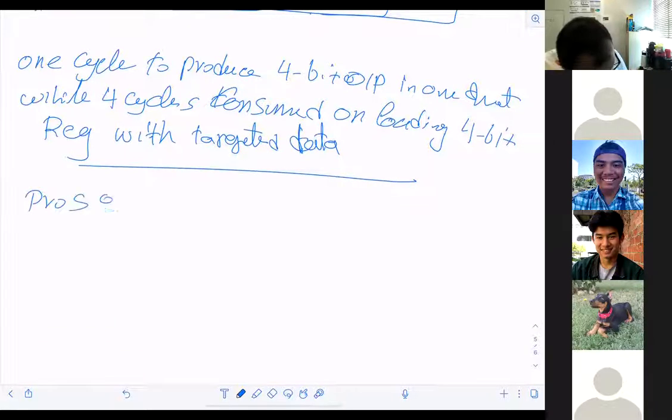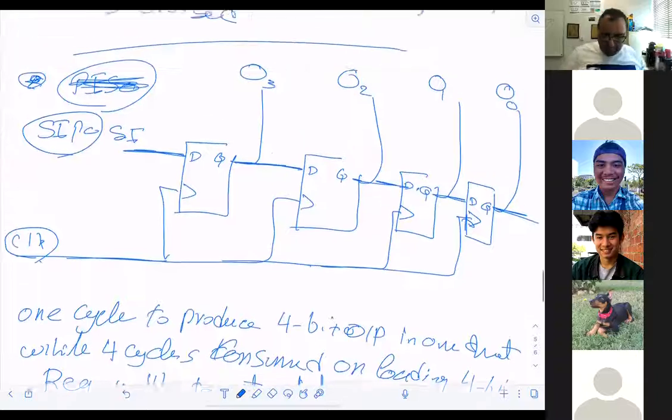Pros and cons. What is the pros from your point of view?